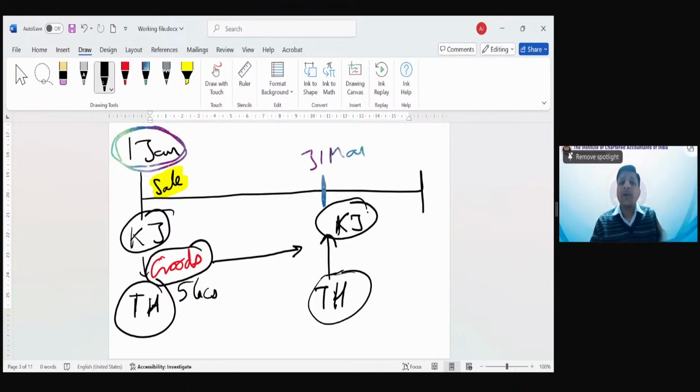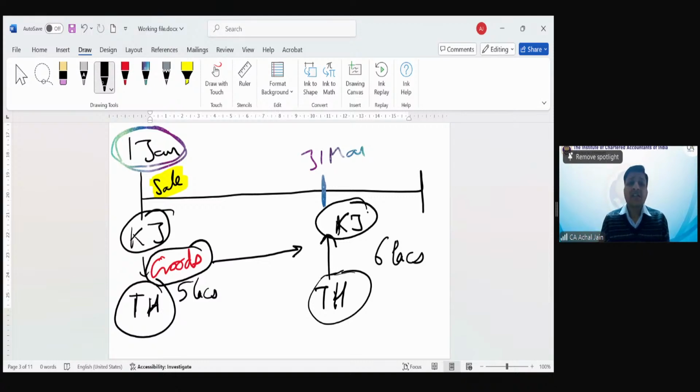And at that point of time, I'll pay you 6 lakhs. So logically, just think about it, for the goods which are getting sold by KJ at 5 lakhs, KJ is happy to buy those exactly similar goods after 3 months at a higher price.